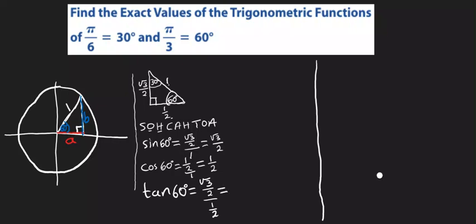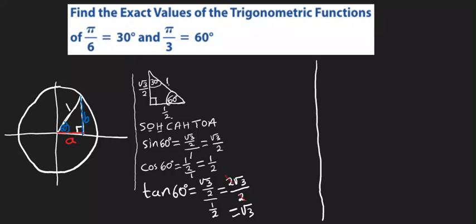Now this is the same as the square root of 3 over 2 times 2 over 1, which is simply the square root of 3, because the 2's cancel out.